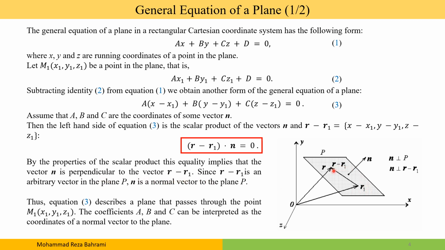And since r minus r1 is an arbitrary vector in plane P, n is a normal vector to the plane P. So from equation 3 we can say that for a plane that passes through the point M1, the coefficients A, B, C can be interpreted as the coordinates of a normal vector to the plane. So if you have an equation like this, simply you can say that A, B, C are the normal vector of plane P.